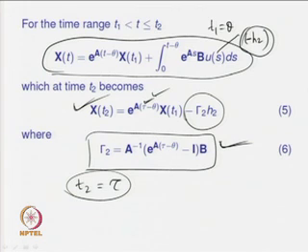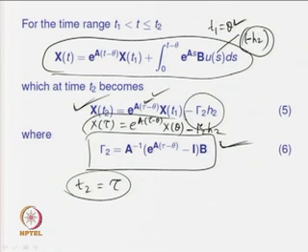So, x(t2) is nothing but I can write x(τ) is equal to e to the power A(τ minus θ) x(θ), because t1 is equal to θ as I have already mentioned. So, this expression is nothing but x(τ) is equal to e to the power A(τ minus θ) x(θ) minus γ2 h2.